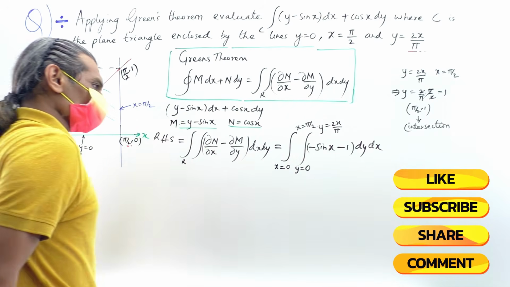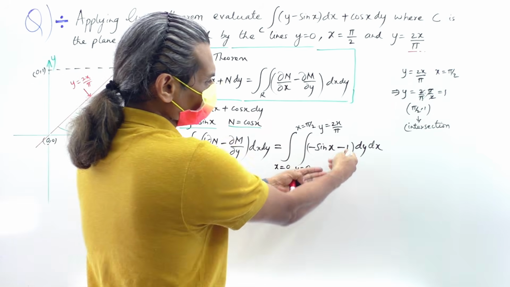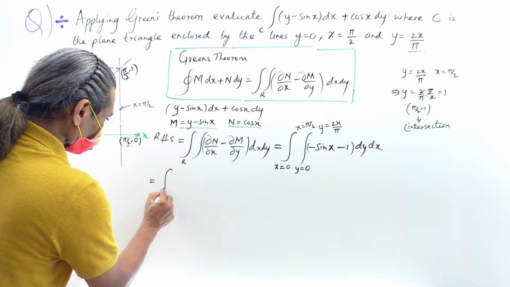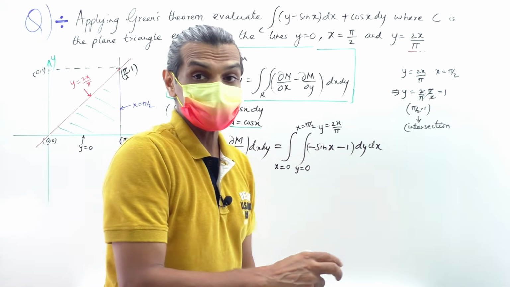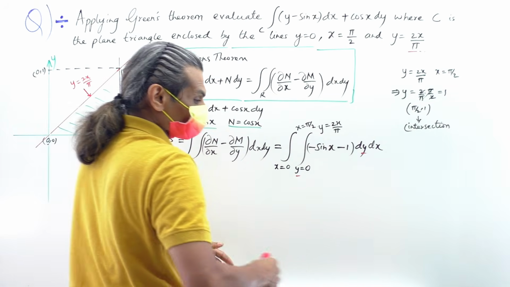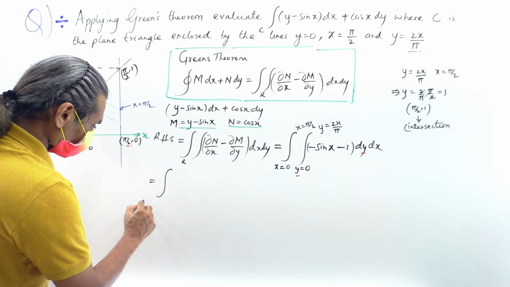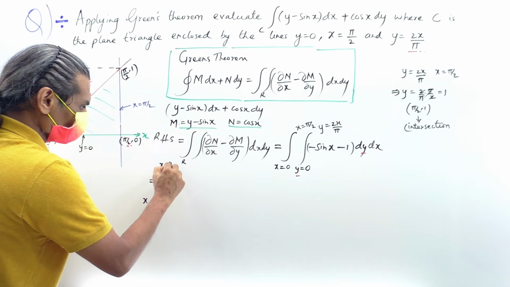So let's integrate this now. Our 60 to 70% work is done. Now only integrate and get the solution, and get full marks. First we will integrate with respect to y, the inside variable. The outside limit is x from 0 to pi by 2.